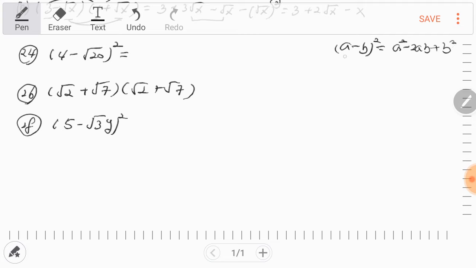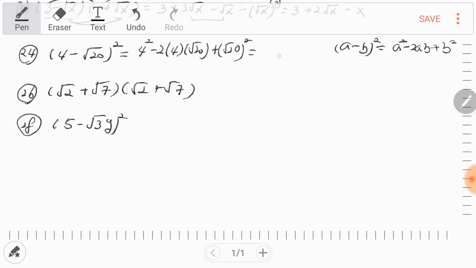So the first term will be squared, the last term b will be squared, and the second term is the product of ab times 2. So 4 squared minus 2 times ab, the first term and the second term, square root of 20, plus b squared.